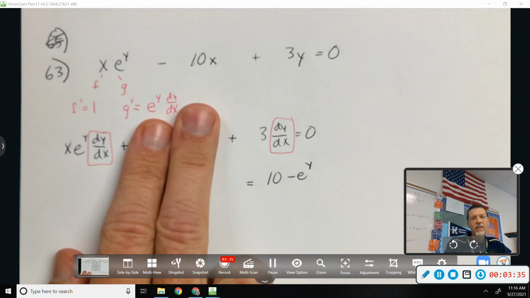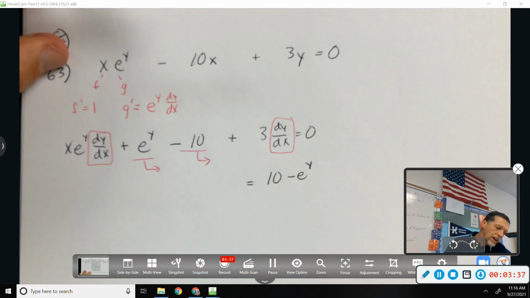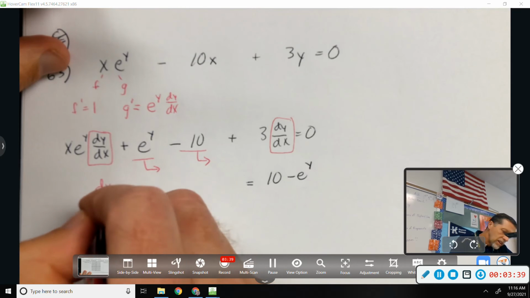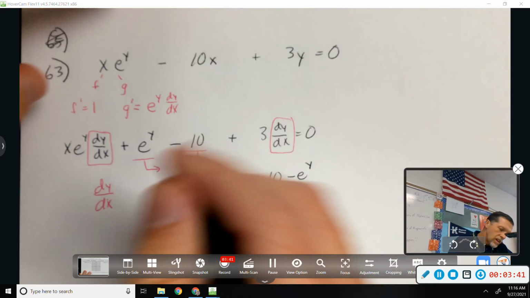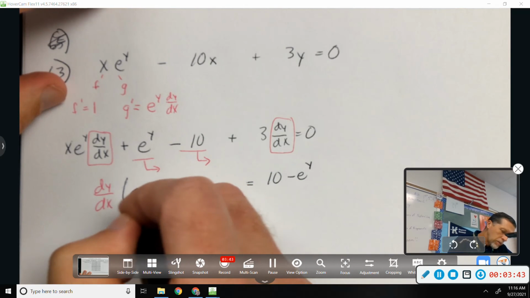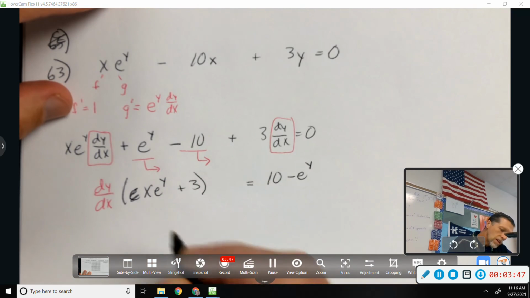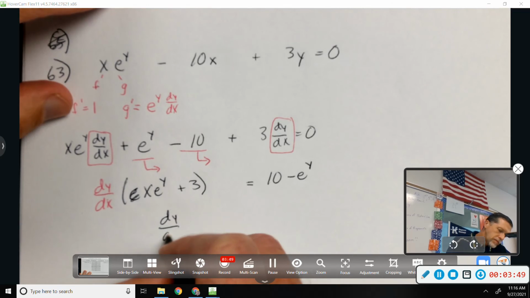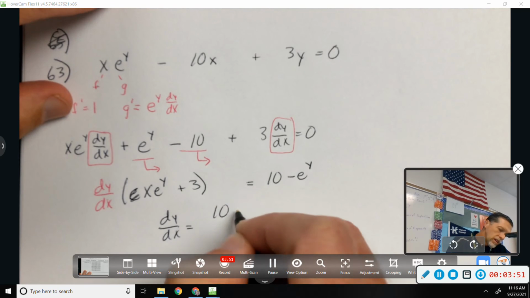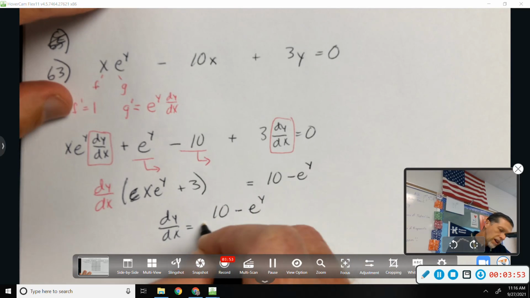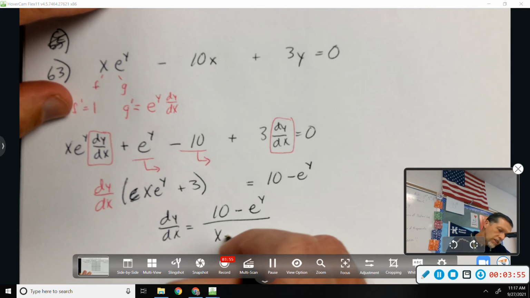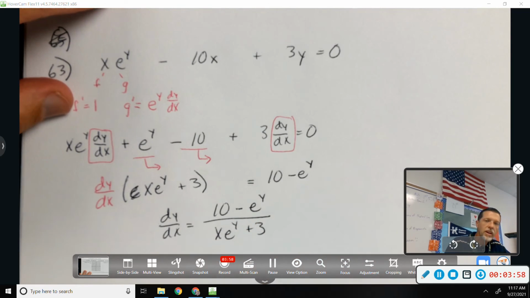Those are gone now. I can factor out dy dx. And that leaves x e to the y plus 3. So dy dx equals 10 minus e to the y over x e to the y plus 3.